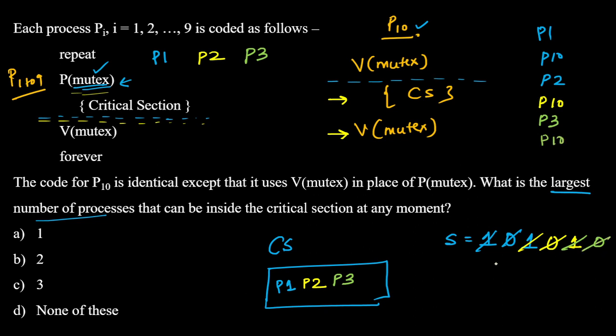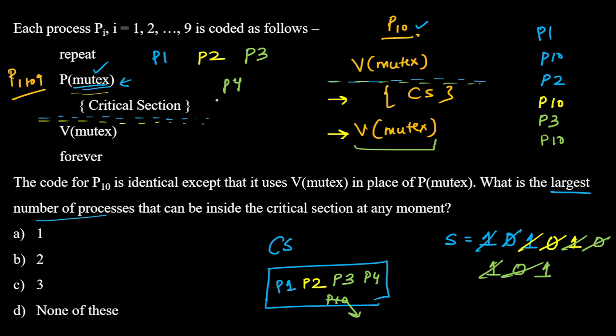It will change the value to 1. Then again we'll preempt it till here only. We will take P4. P4 again will decrease the value of mutex and enter the critical section. Now P10 will enter the critical section. And then P10 will come out of the critical section by increasing the value of mutex to 1 again.